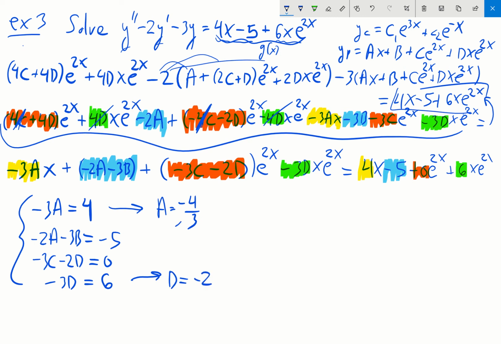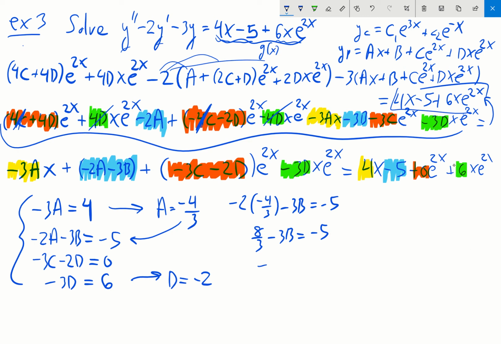We can take this value of a and plug it into the second equation to solve for b. Negative 2 times a, which is negative 4/3, minus 3 times b should be equal to negative 5. That's going to be positive 8/3 minus 3b equals negative 5.